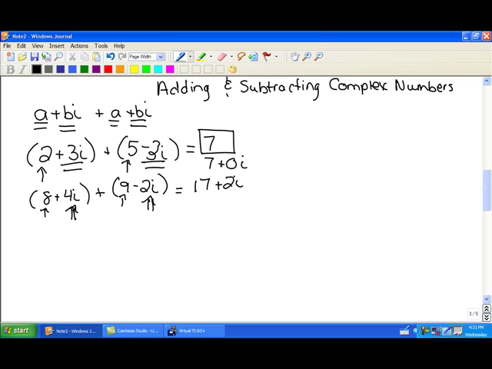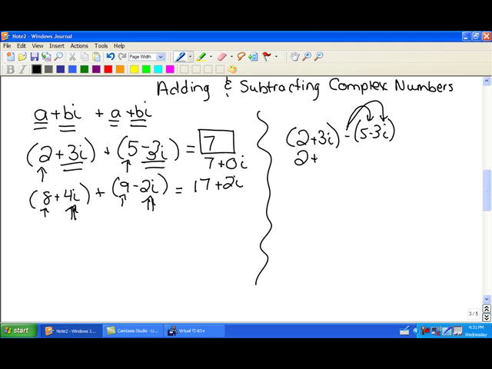Subtraction is going to be the same thing, except we do need to remember to distribute the negative. If we have the same example, 2 plus 3i minus 5 minus 3i, before we begin, remember to distribute that negative sign.